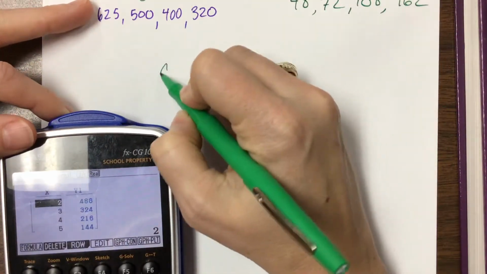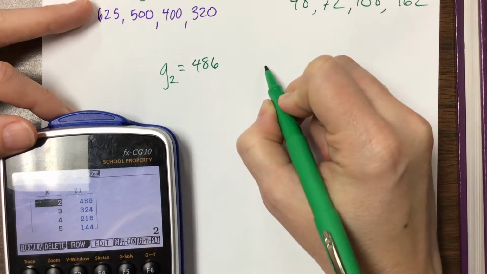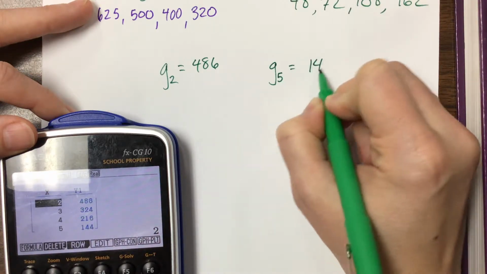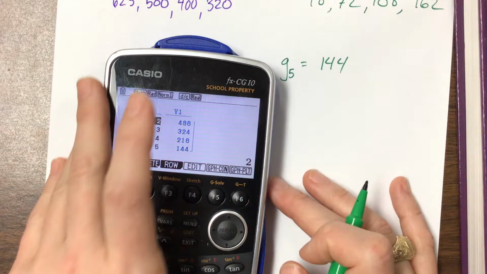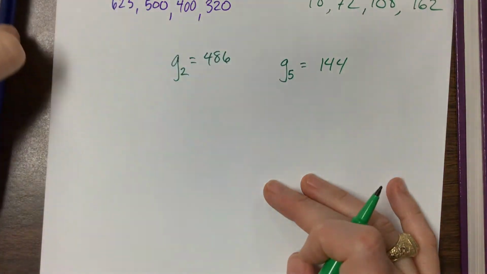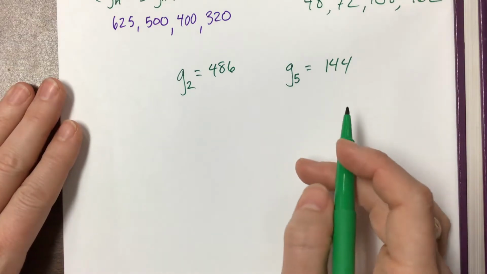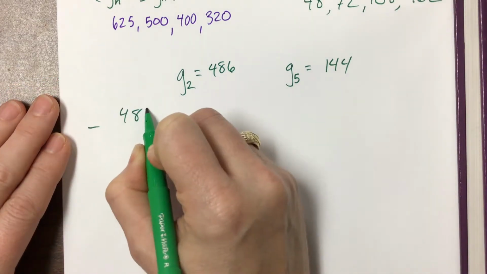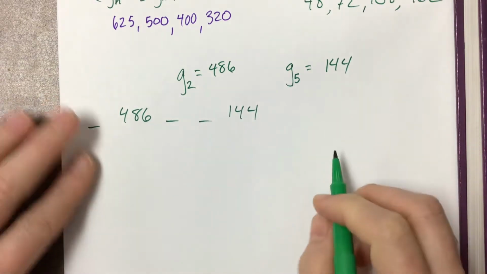If I want to say, okay, you know the second term is 486, and let's say the fifth term is 144. You don't know this other stuff, but I did want to show you how to use the calculator, and you can create as many of these as you want to practice. Say I have these 2 terms, and I need to find the nth term. So you'll notice here's the first term, then our second, third, fourth, and our fifth term is 144.